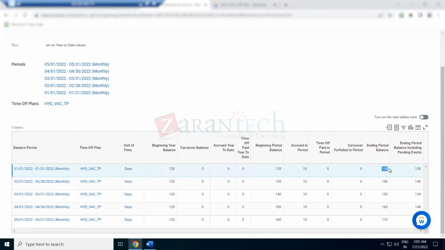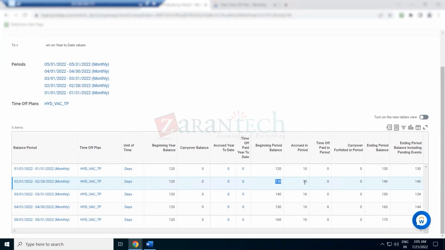I have 130. The beginning year balance did not change; it will remain the same. That 120 was the first balance you got in this year. The beginning period balance changed to 130, because it's adding the 10 you have accrued. What was the ending balance has become the beginning period balance, like as of the 1st of February.